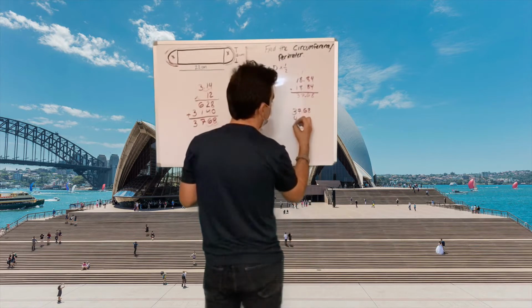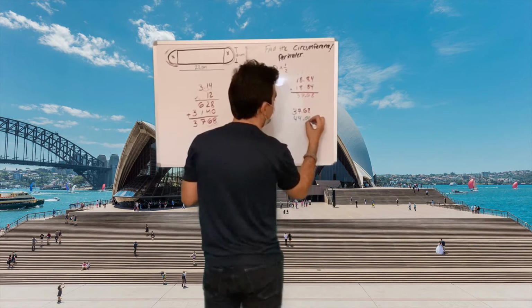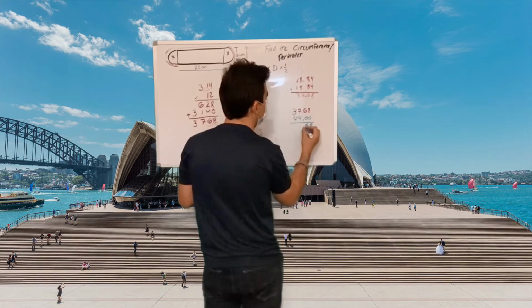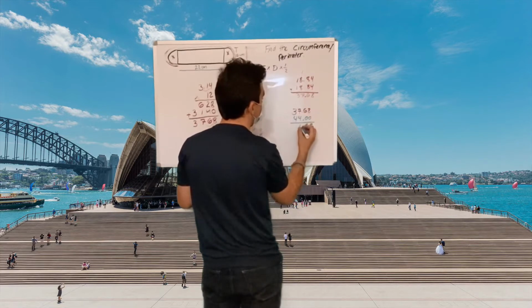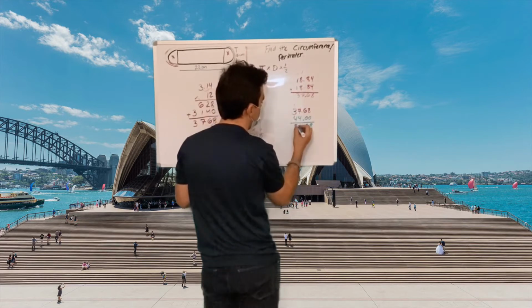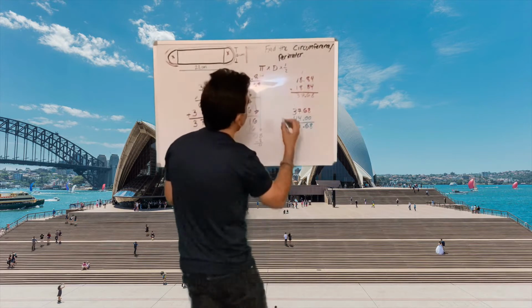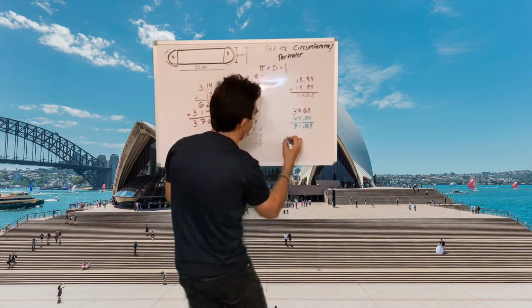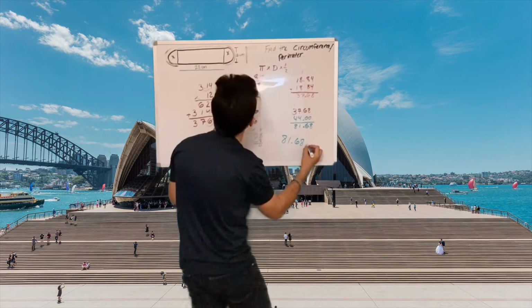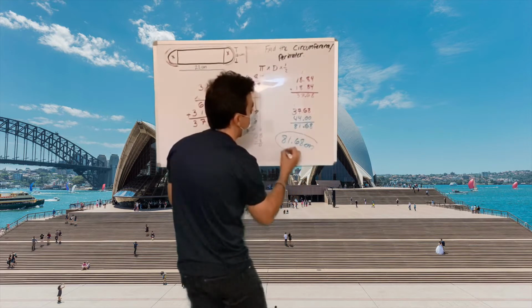So I'm going to add 44, and now I'll have my total perimeter. 8 plus 0 is 8, 6 plus 0 is 6, decimal point. 7 plus 4 is 11, and 1 plus 3 plus 4 is 8. And the circumference perimeter of this shape is 81 and 68/100ths centimeters.